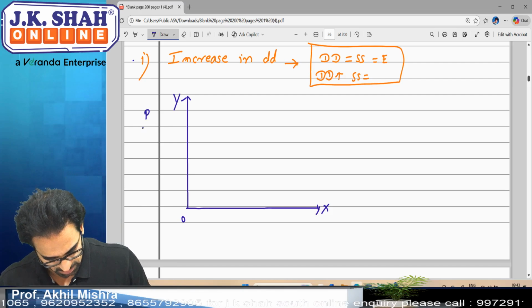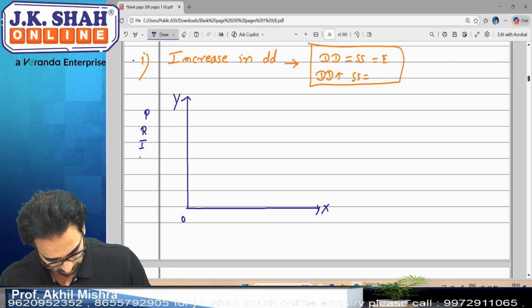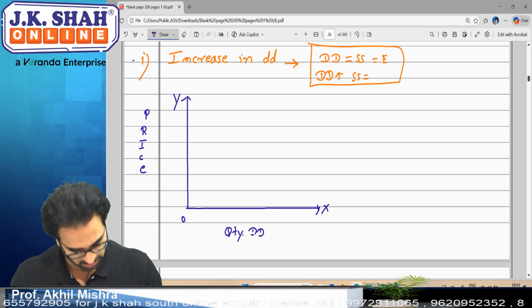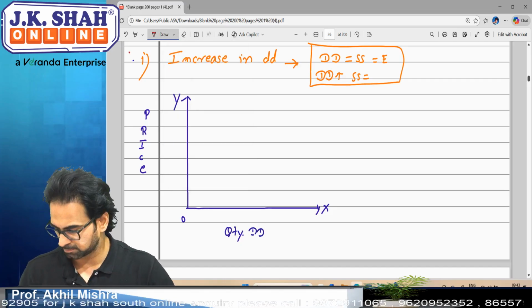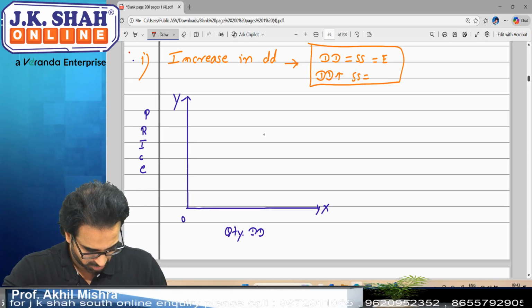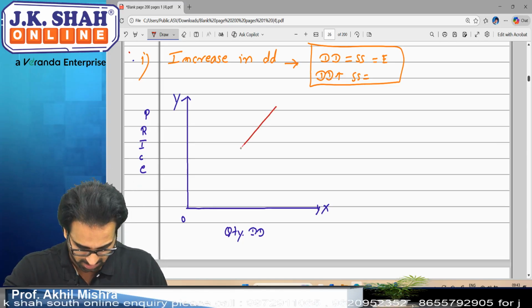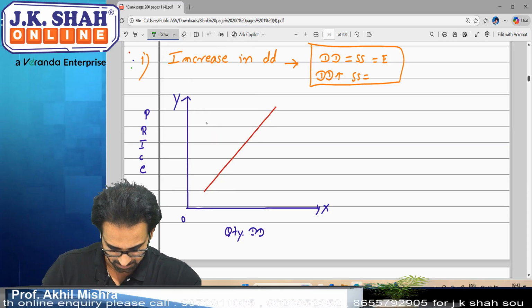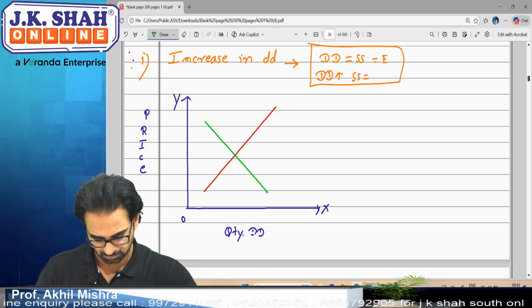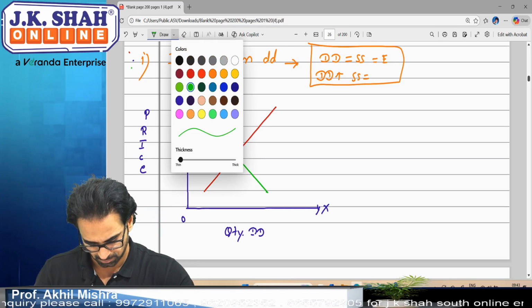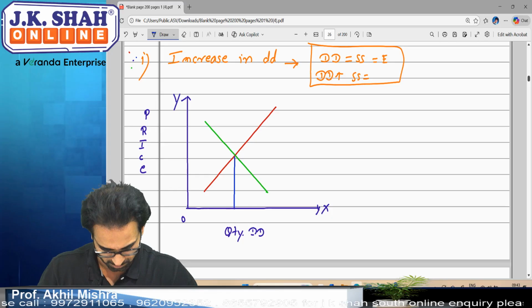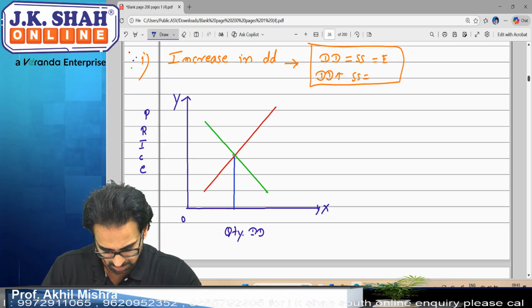Here we take price, quantity, demand. So demand is increasing, so supply is not increasing. Supply is the same as before. This is the original demand. Your price, this is your demand.